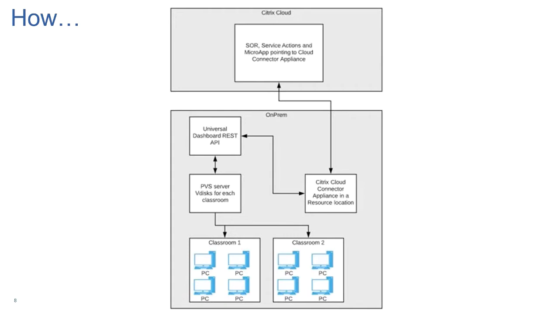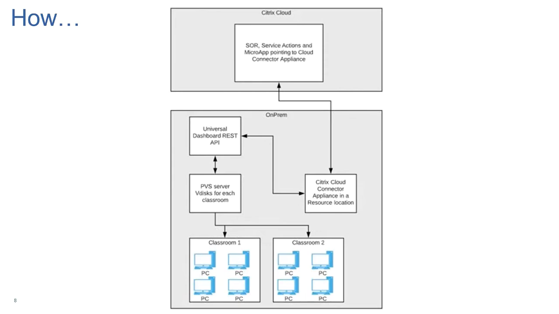Later we will demonstrate exactly how to create this. Basically, Universal Dashboard allows us to receive REST calls and execute PowerShell code. It also enables us to send data back to the Microapp integration. The PowerShell code we execute can then talk to PVS through its PowerShell support.